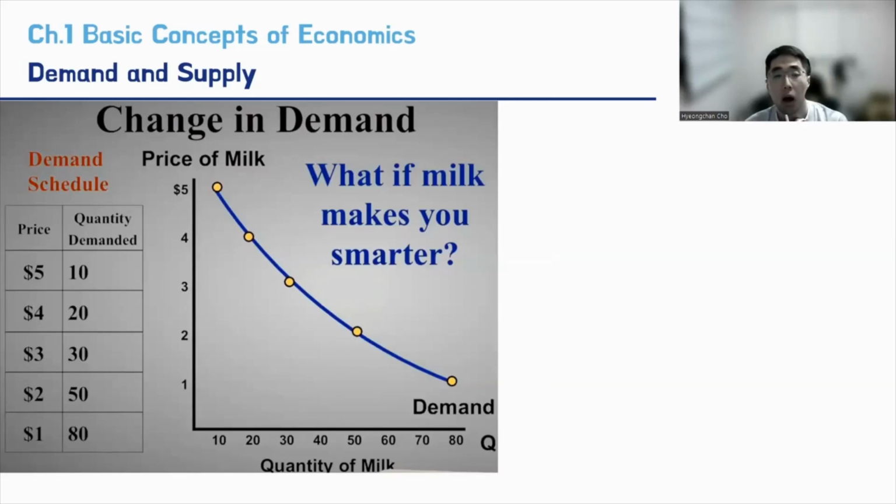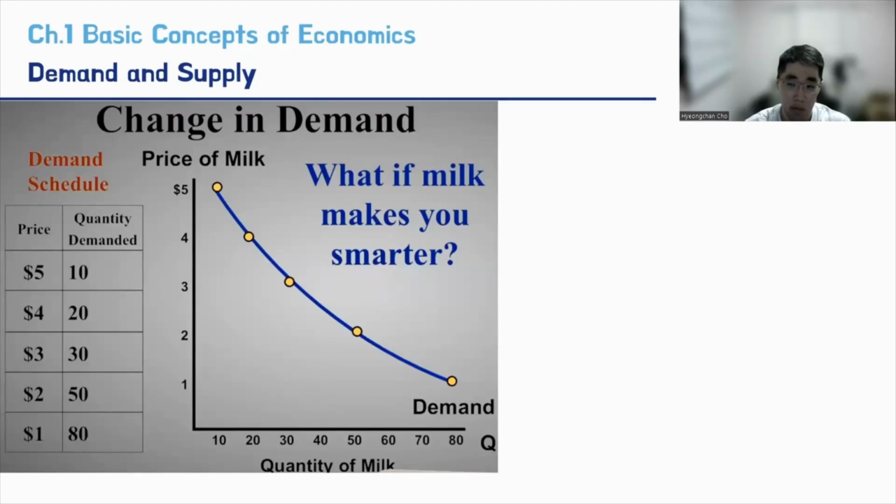So let's think about a shock: what if milk makes you smarter? If some research comes out saying that milk makes you smarter, well, almost all people want to make themselves smarter.